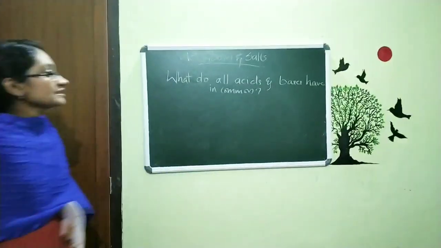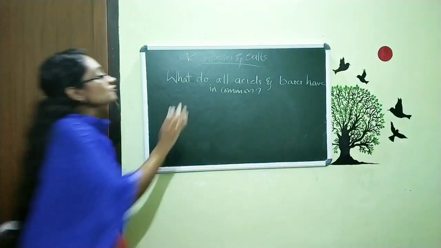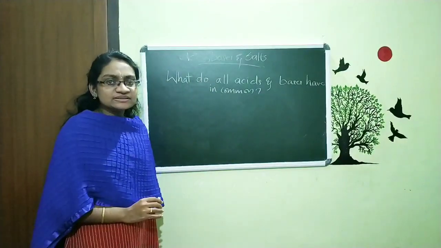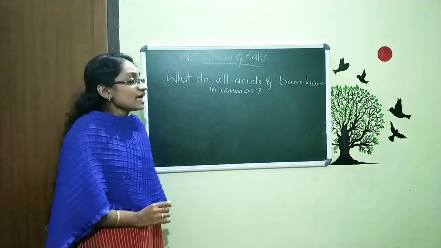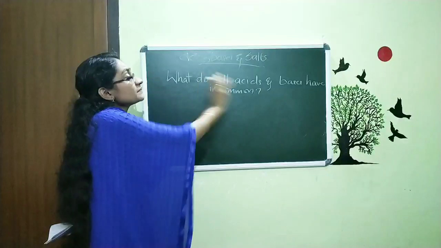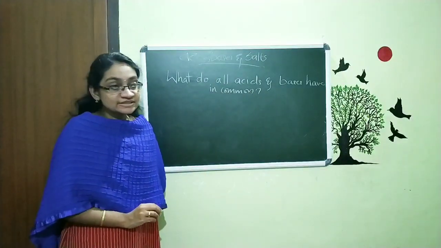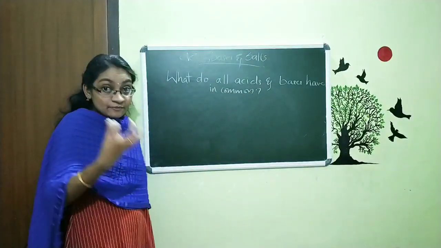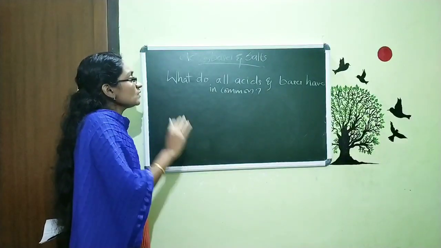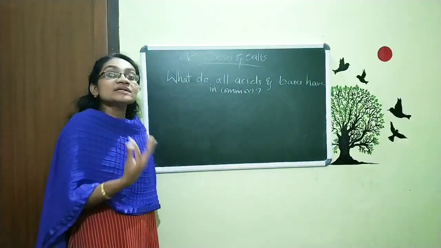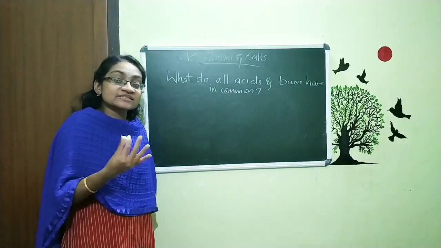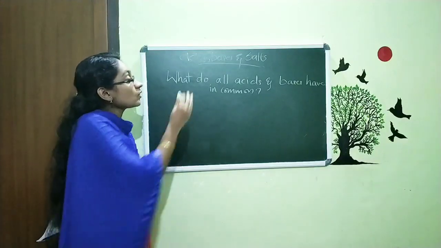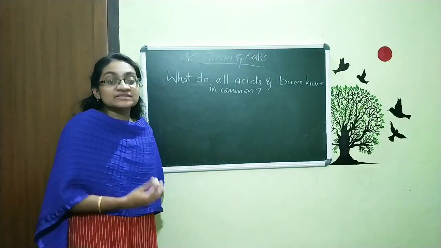This is our topic. We know that acids have certain chemical properties, and in a similar way bases also have some similar chemical properties. So now the question is, why do all these acids behave similarly, or why do all these bases behave similarly?